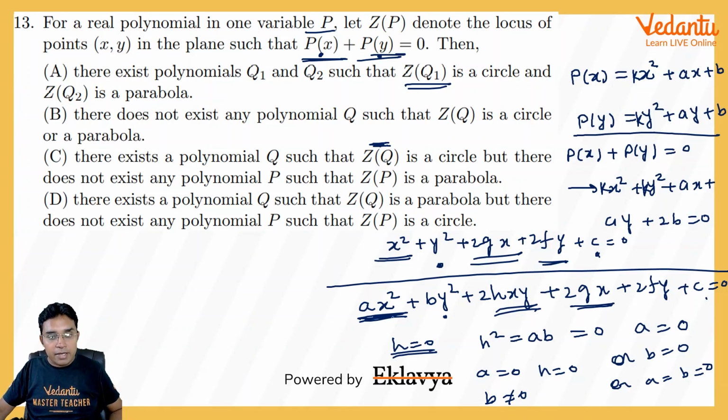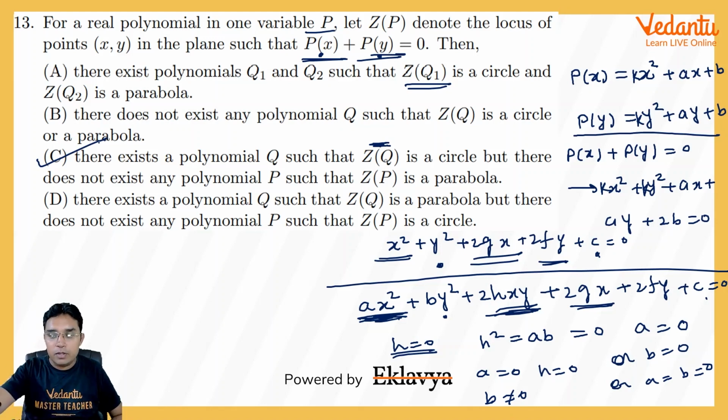It is linear in x and quadratic in y. That means it cannot be a parabola in any scenario, whether h is 0 or h is not 0. So the answer for this in my opinion should be: there exists a polynomial q such that zq is a circle, but there does not exist any polynomial p such that zp is a parabola. So the answer would be C.